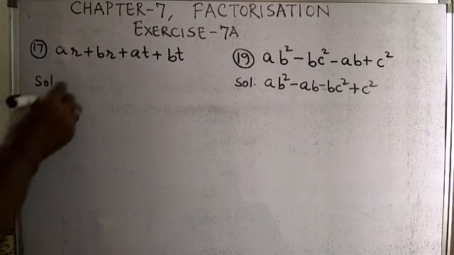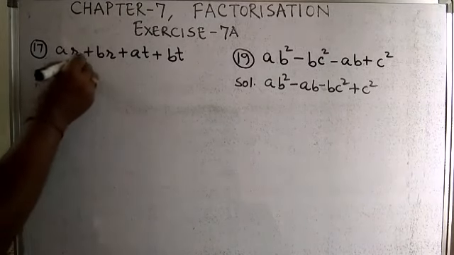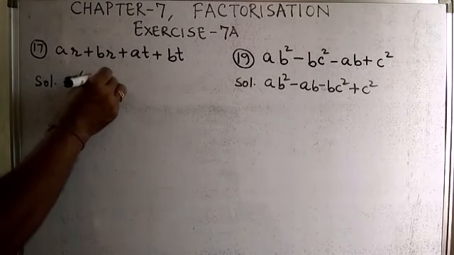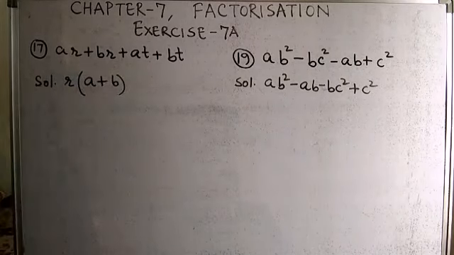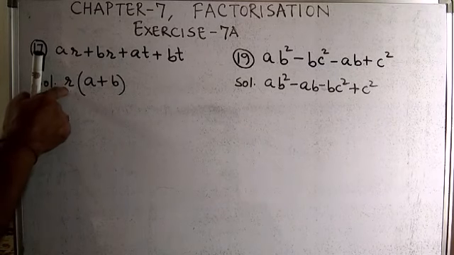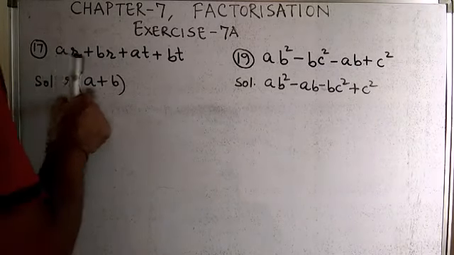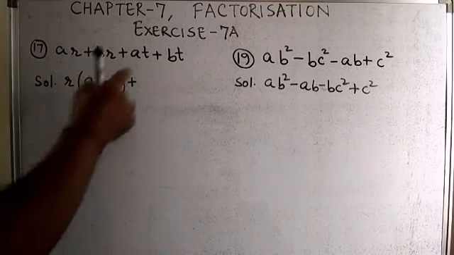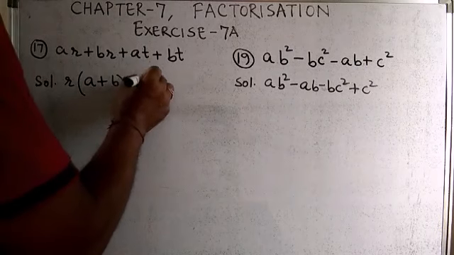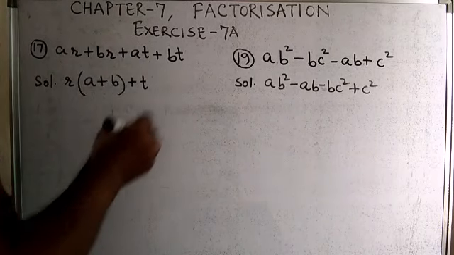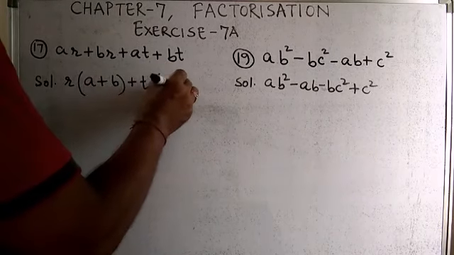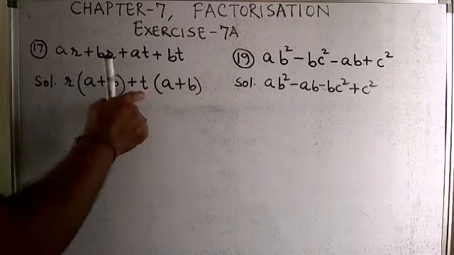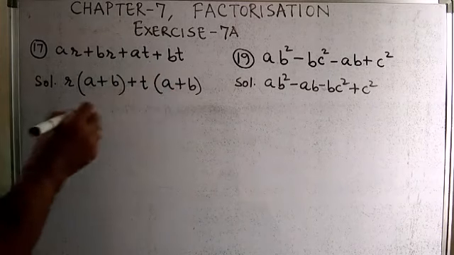The solution for question number 17: in the first two expressions, r is common, so r is the highest common factor and the quotient becomes a plus b. That means the product of the highest common factor and the quotient makes ar plus br. Plus, in at and bt, t is common, so t is the highest common factor, and again a plus b is common, that means it is the product of the highest common factor and the quotient.